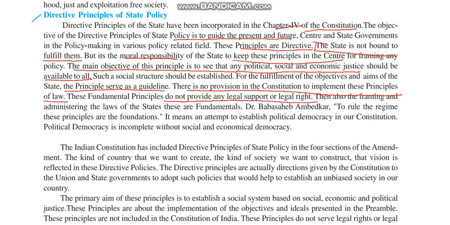So there is a main difference between the fundamental rights and the directive principles. Fundamental rights are legal, which means if you are not getting any of the fundamental rights, you can go to a court. But if the directive principles of state policy are not implemented by the state, you cannot go to a court, and that is the major difference between these two.